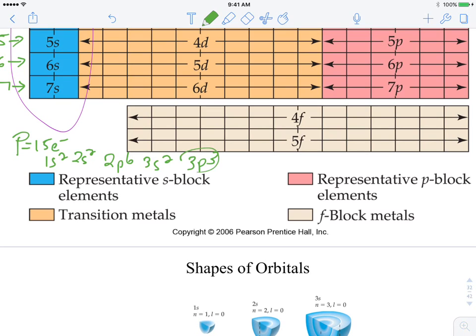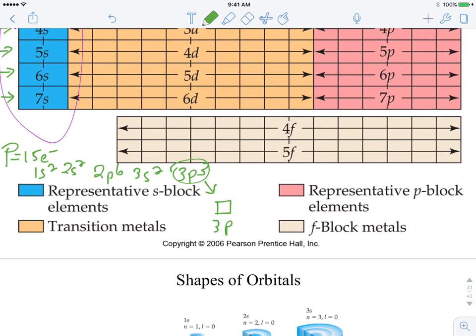If we tie this back to quantum numbers, if I look at 3p, P has 3 orbitals. 1, 2, 3. Let's see, what are the 4 quantum numbers of this electron? Well, I know it's in n equals 3 because it's the 3rd energy level.